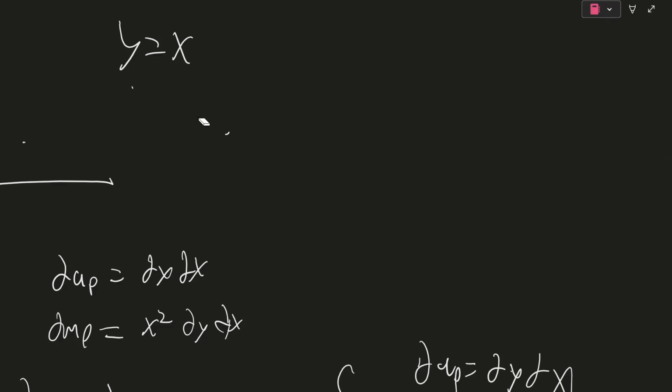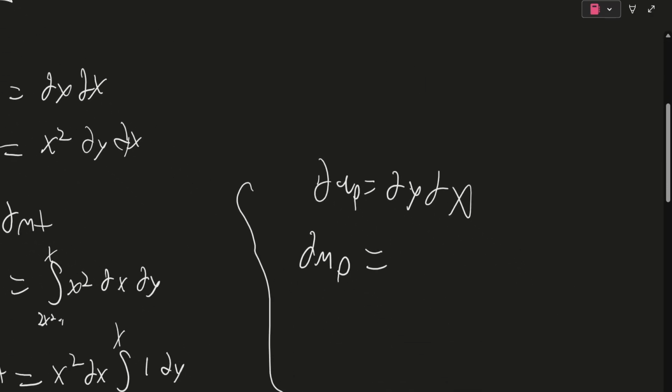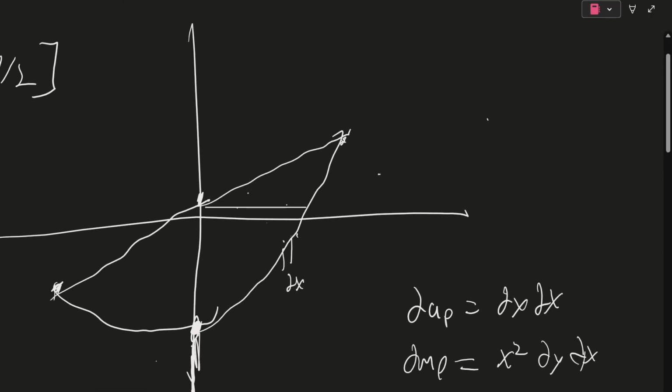Had some writing left over from earlier, although we're about to take a look at that. So in this case, we have our point with a height of dy and a width of dx.